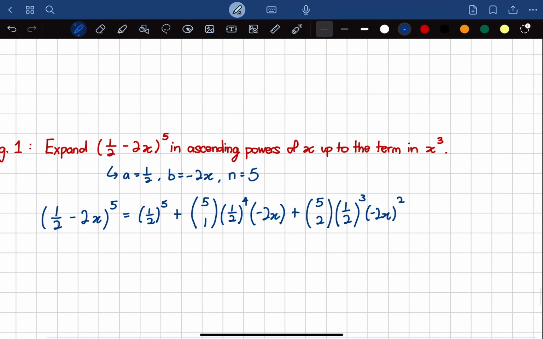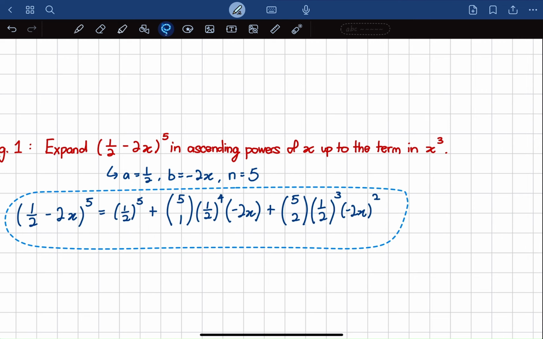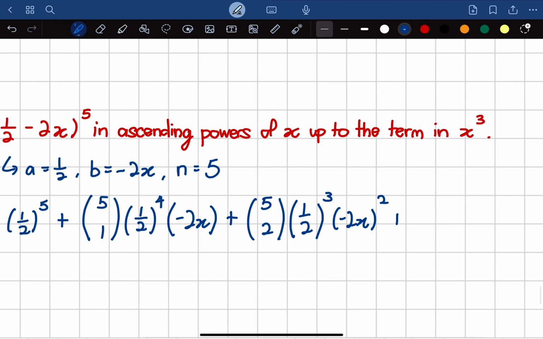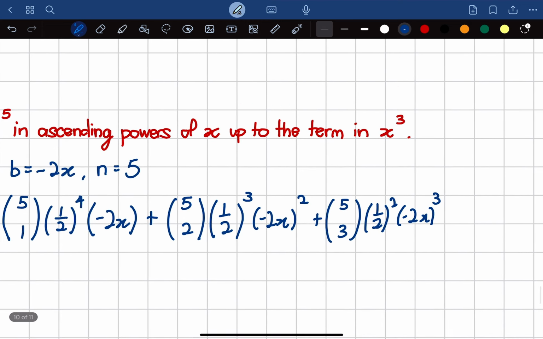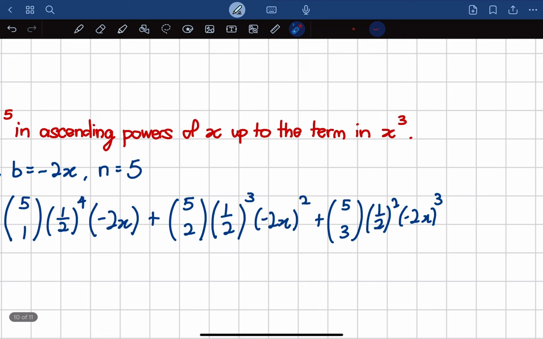Then if you follow the pattern, the next term would be simply plus 5 choose 3 times half, the whole thing squared, times negative 2x, the whole thing power 3. And over here, the question says only up to the term in x cubed. So from here, I will already get the term in x cubed. If I continue further, I will get terms with x power 4, x power 5, etc. So you can stop here, and I represent this by a plus dot dot dot.